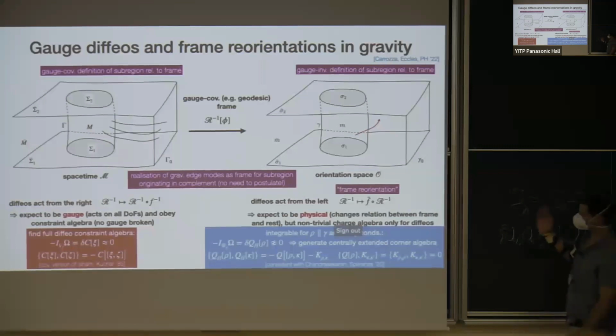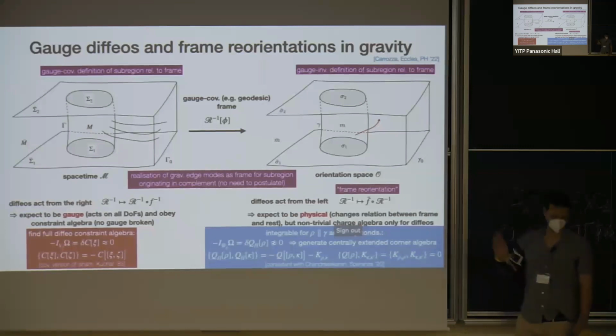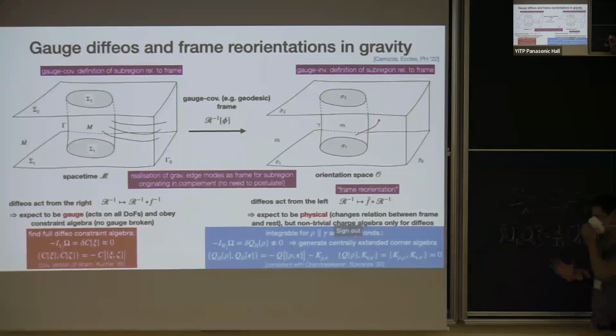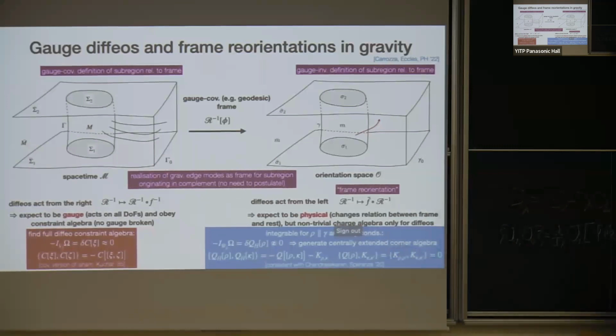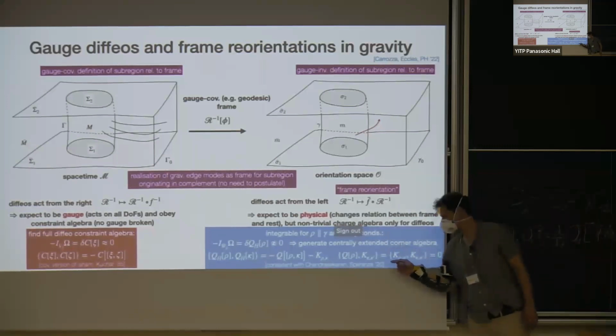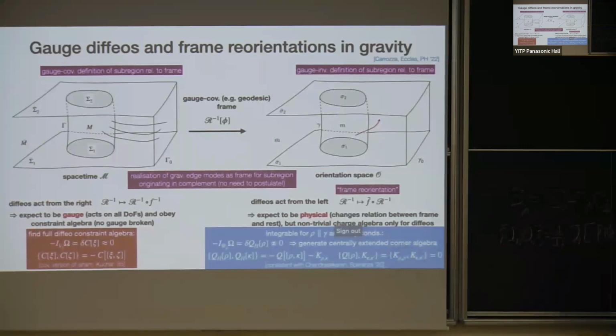But when they're tangential, then when you impose boundary conditions, you get a corner symmetry algebra, and in this case one that's actually centrally extended. This centrally extended algebra is a relational or frame-dressed version of something proposed by Chandrasekaran and Speranza two years ago. They didn't use edge modes, so that was a gauge fixed construction, but here we recover it in a gauge invariant way. So maybe we can explain entropy using that algebra.